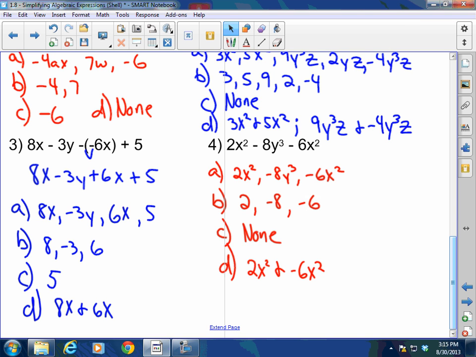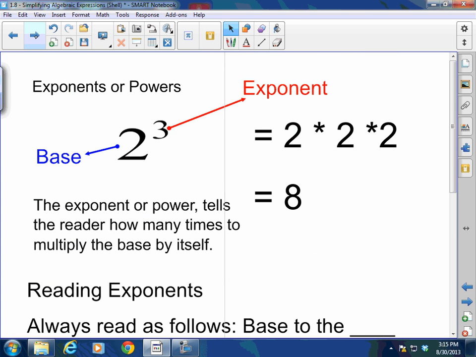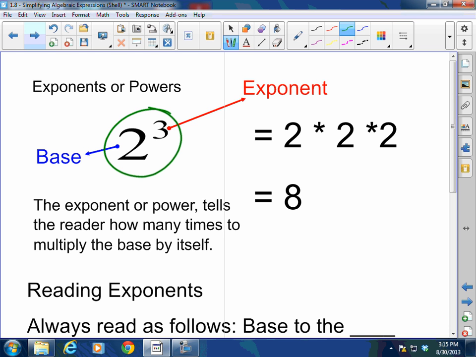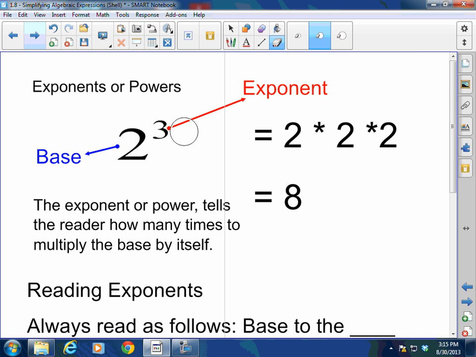Now, we've got a lot of usage of exponents here, so I thought it would be prudent to go over some basic exponents with you right now. When we're talking about exponents or powers, please understand what we mean. When you have something like 2 to the third power, the 2 is the base.